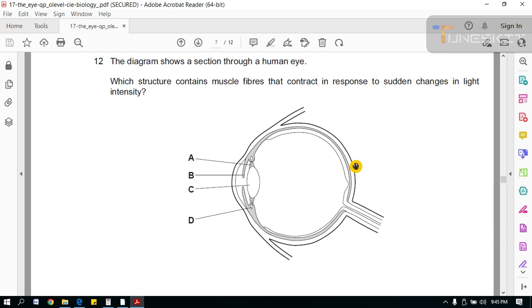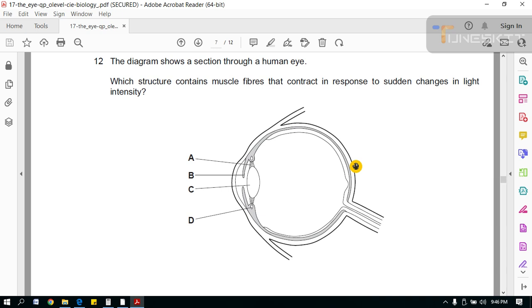They contract and relax to narrow or widen the size of the pupil. But in this case, he is saying that if the intensity of the light is changing, what happens to the muscle fibers? That gives you a condition of contraction. So it means option D is correct.